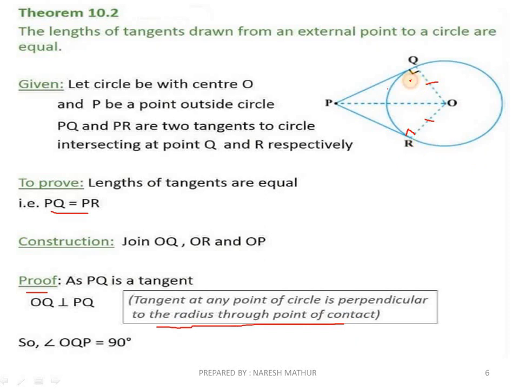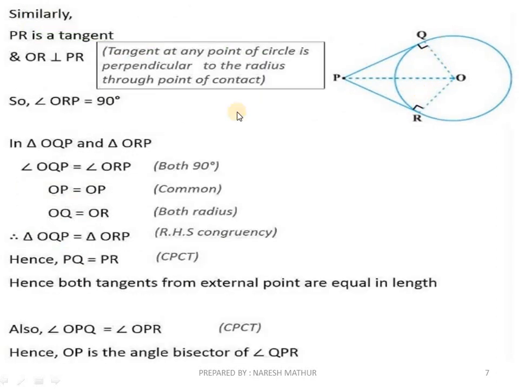So by the RHS congruency rule, right angle, hypotenuse and side, both triangles are congruent. Therefore we can say PQ is equal to PR by CPCT.